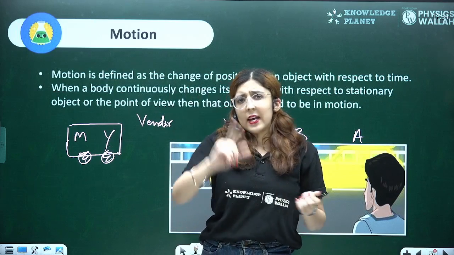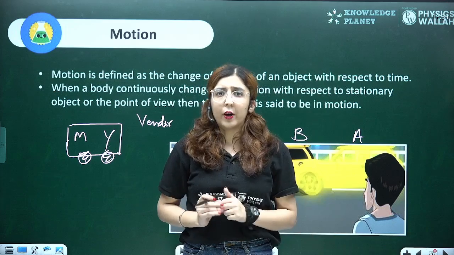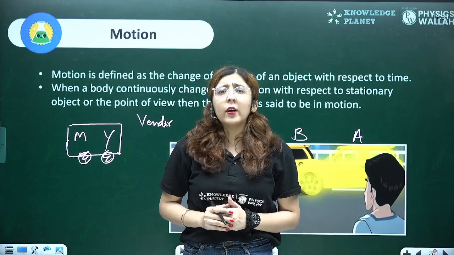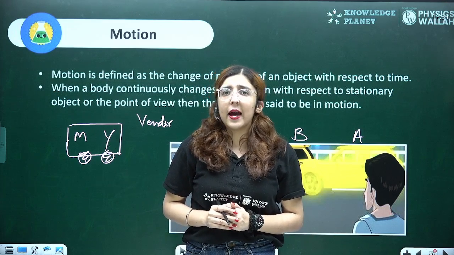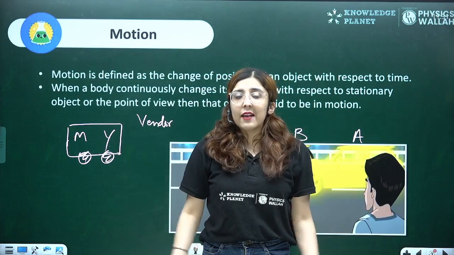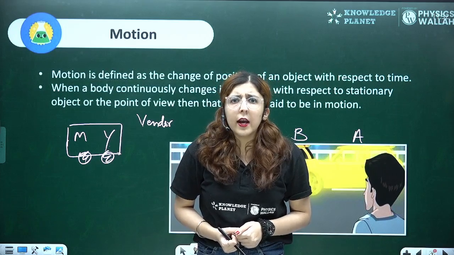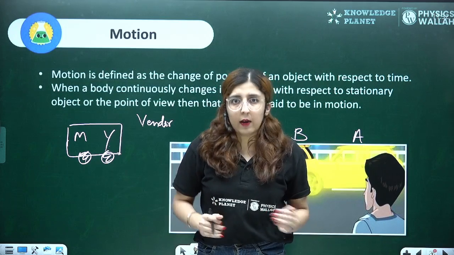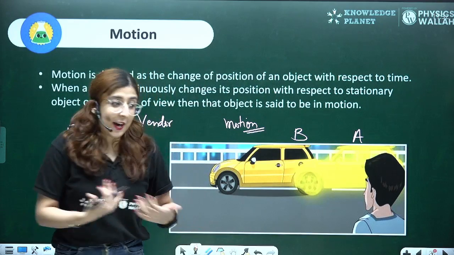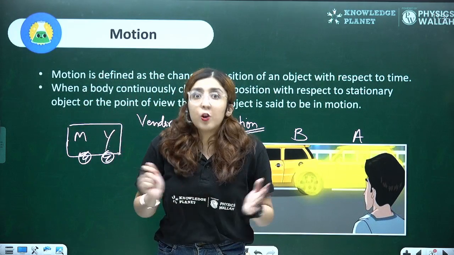Now, let us take one more case. All of you, right now, I am nothing but a whole body. Okay, don't consider my mouth, my eyes, my head nodding or my hands moving. Me as a whole body, for all of you, am I moving? No, right? Why so?